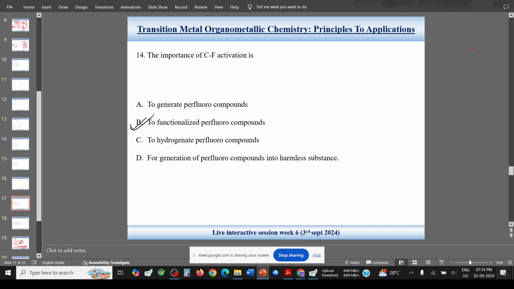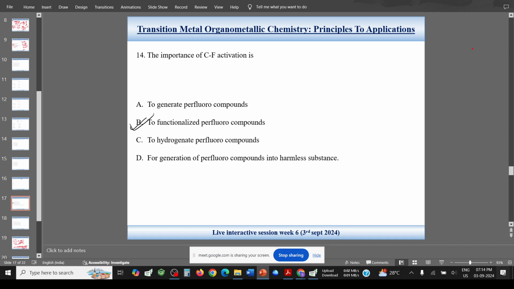Again, I am saying, after getting the correct answer, don't stop reading all options. This exam, or assignment, will not be only MCQ type. There would be some questions which will be MSQ, that is multiple selection type.